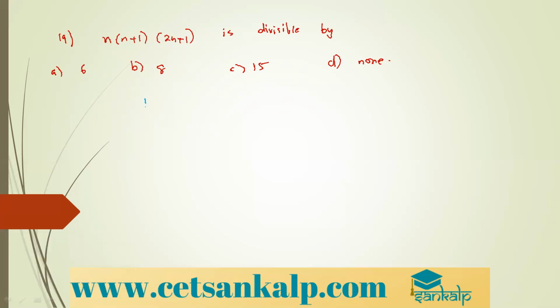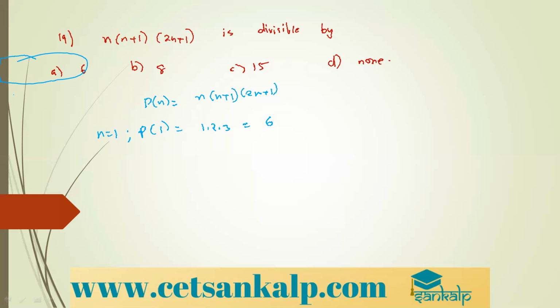To prove that, we will take P of n as n into n plus 1 into 2n plus 1. I will take n equal to 1. P of 1 will be 1 into 2 into 3. That is 6. So clearly, I can say it is divisible by 6 directly. I need not go for the other terms also.